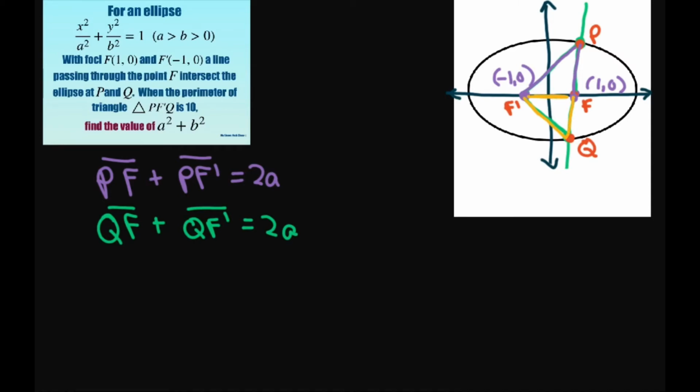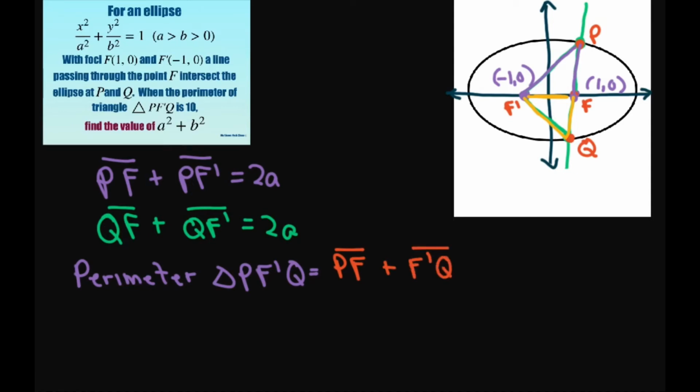So therefore, the perimeter of the triangle PF'Q is going to be equal to the length of PF' plus the length of F'Q plus the length of PQ.